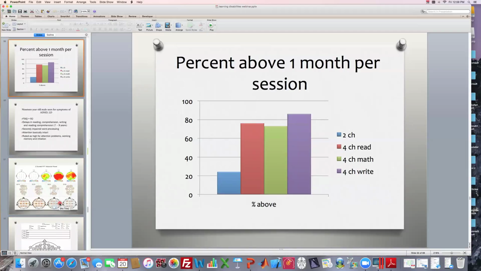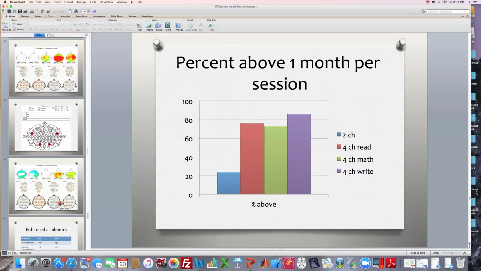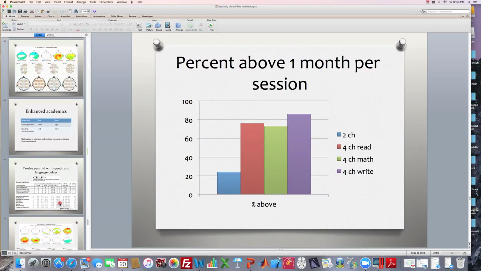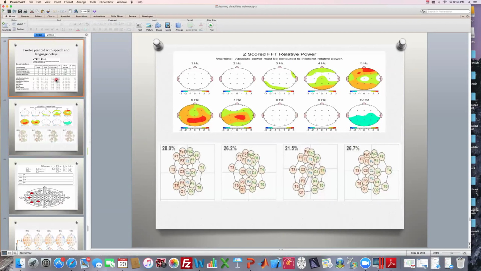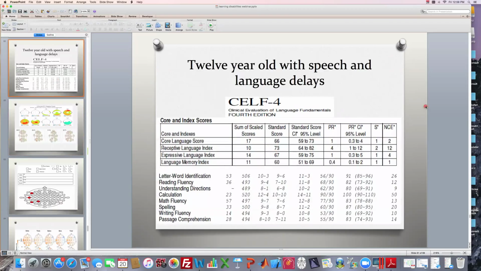Okay, so I want to get to just giving you one example, which will kind of conclude the information to present. So this is a 12-year-old with speech and language delays. These are results from a speech language test battery. The mean is 100. Anything below 80 is usually significantly low.